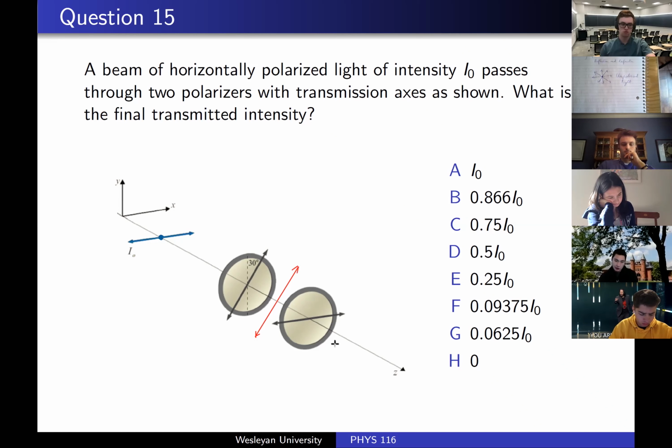And then it passes through the second polarizer. And again, it makes an angle of 60 degrees with that polarizer. So you get another factor of cosine squared 60. And so it first drops to a quarter and then one more time by a quarter. And now after the second polarizer, the polarization will be horizontal.